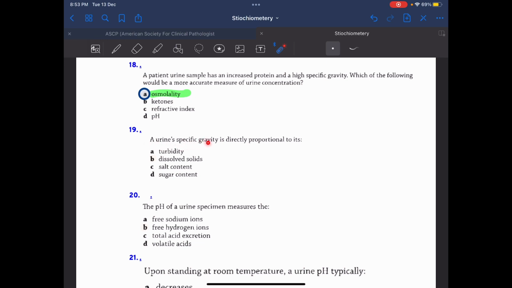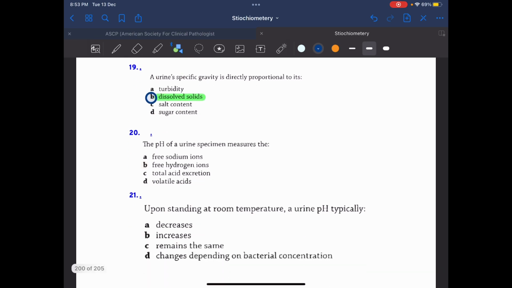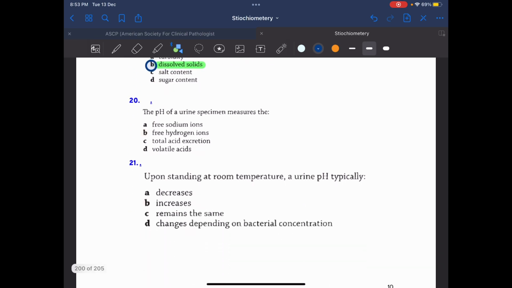Question number 19. A urine's specific gravity is directly proportional to its turbidity, dissolved solids, salt content, or sugar content. The correct answer is dissolved solids. So the answer is B. Question number 20. The pH of urine measures the free sodium ions, free hydrogen ions, total acid excretion, or volatile acid.